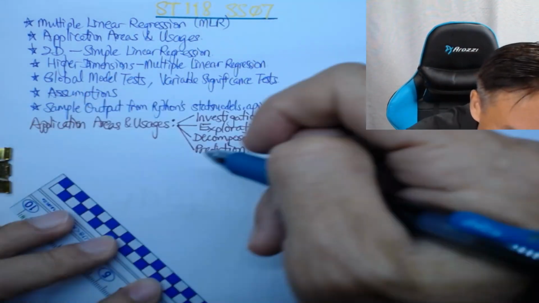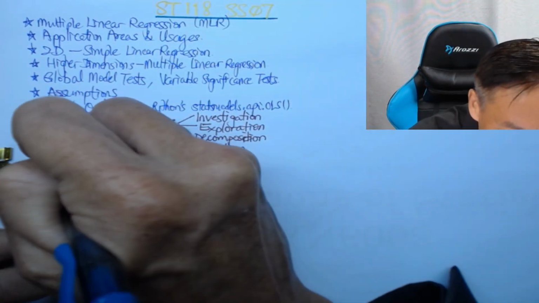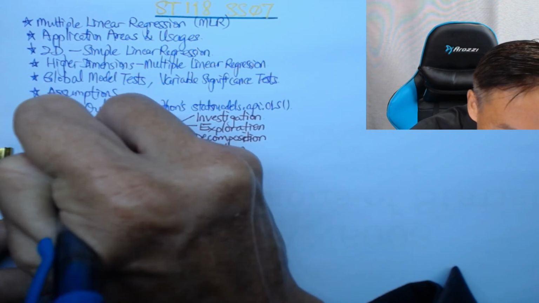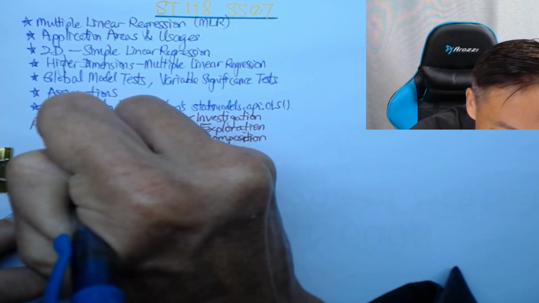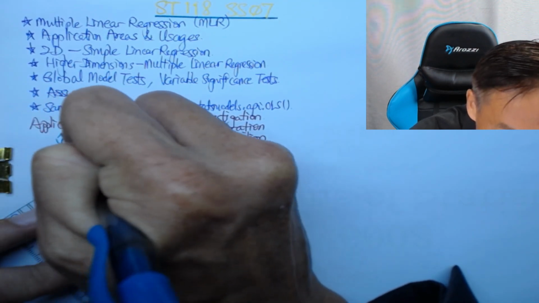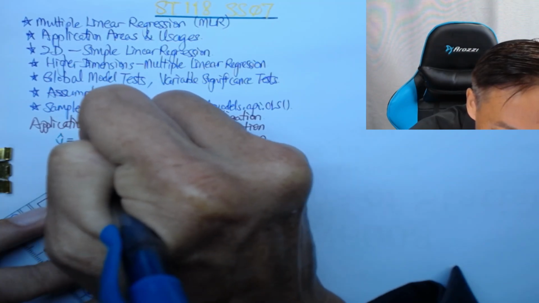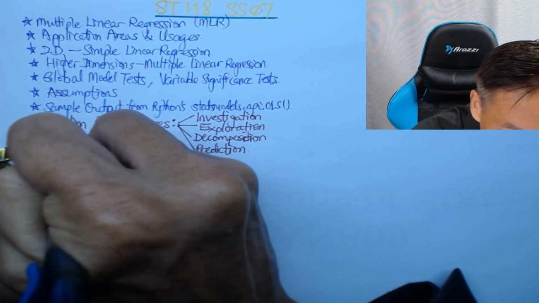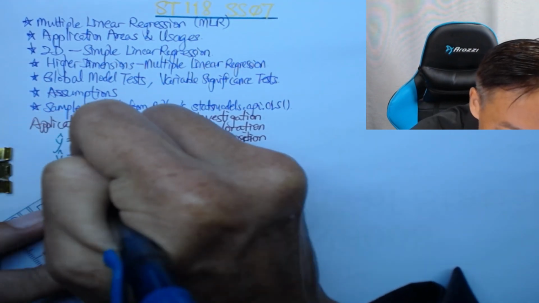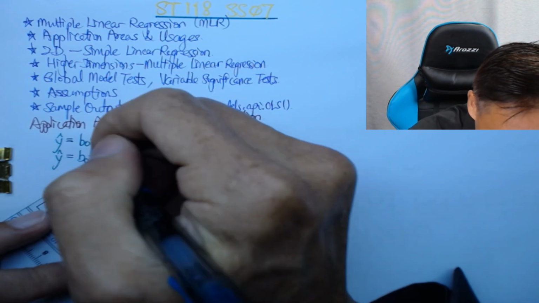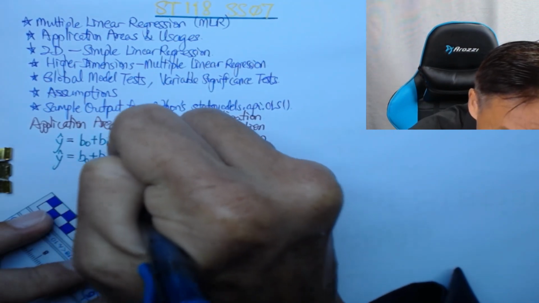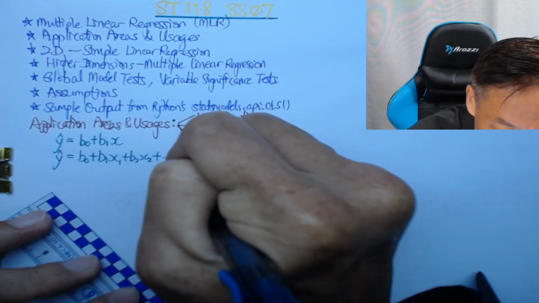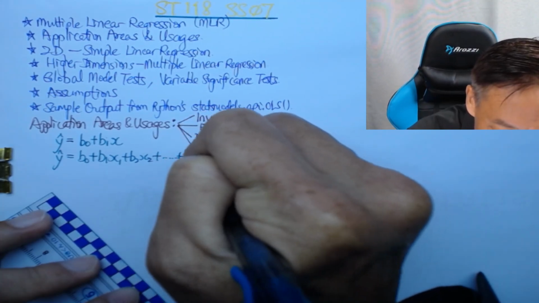Now, to understand what we're talking about, first let's just look at the case of a simple linear regression, and then what is involved in multiple linear regression. In multiple linear regression, we have a lot more axes.